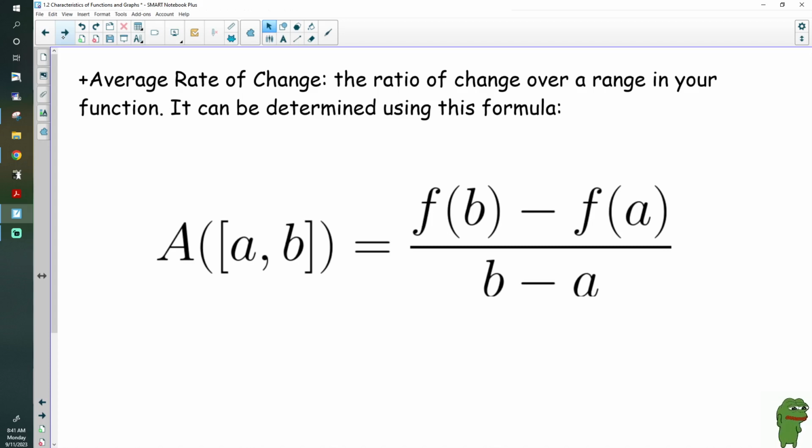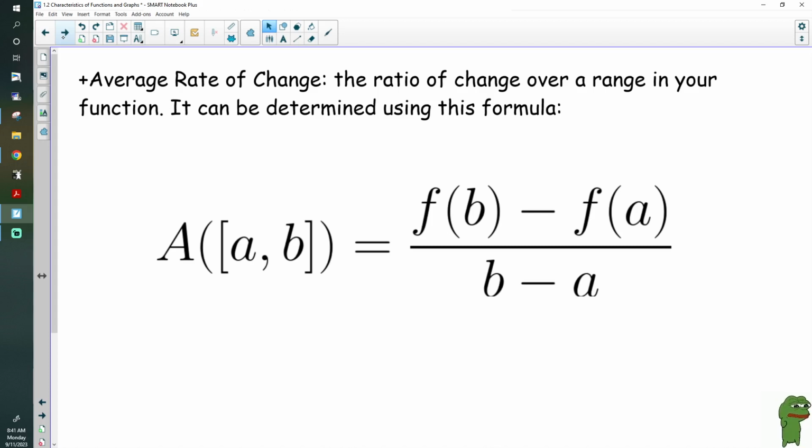And we're going to discuss what this means in plain old English. f(b) minus f(a) over b minus a. This helps us find the average rate of change between 2 points in our graph. We're finding the average of how much it increases or decreases.